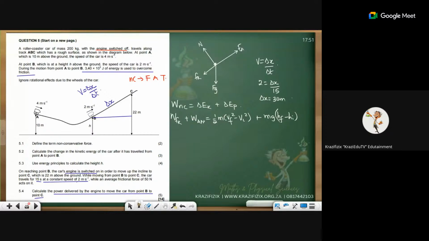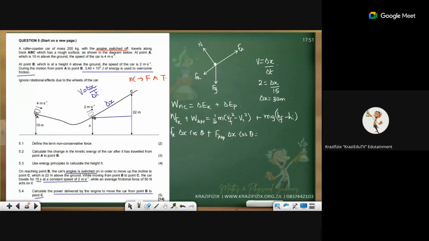Now, what is my formula? It is F friction delta x cos theta plus work done by the applied force. That's what we are looking for. Calculate the power delivered by the engine. So we don't know the force. Okay, so can I say force applied times delta x, which we know, times cos theta?